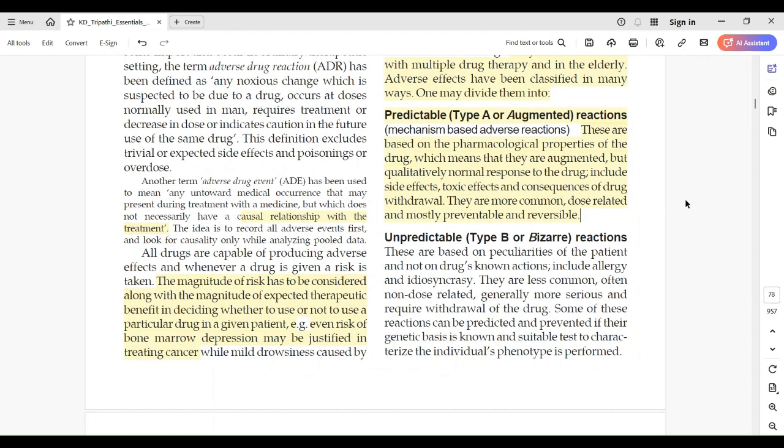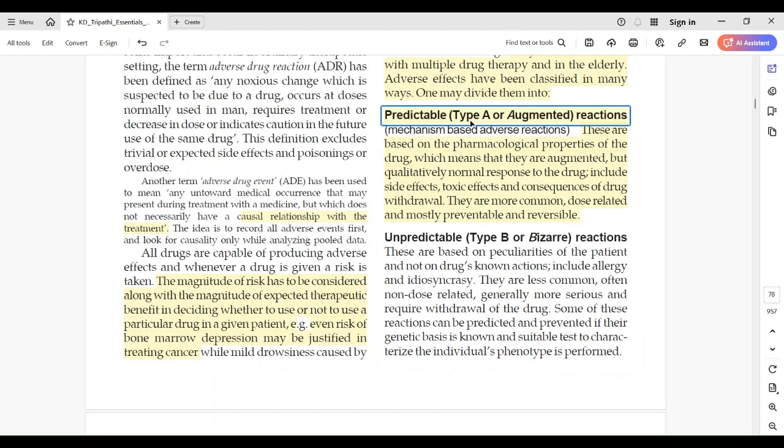So it includes side effects, toxic effects, and consequences of drug withdrawal. They are more common, dose related, and mostly preventable and reversible.